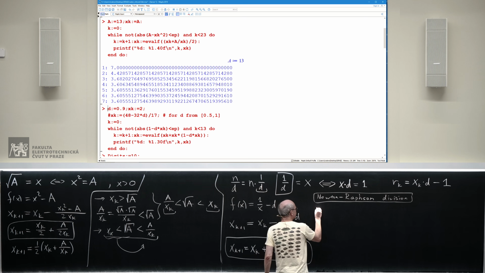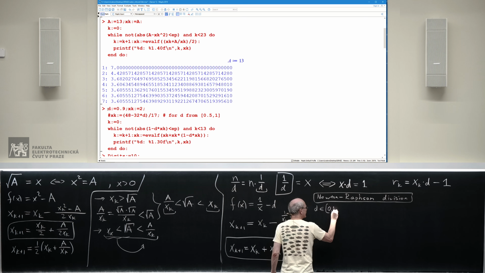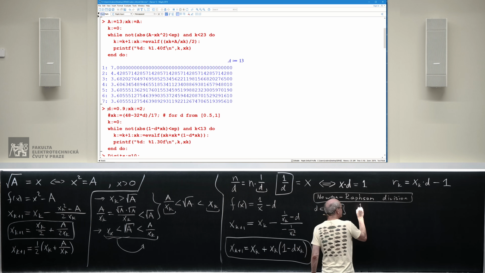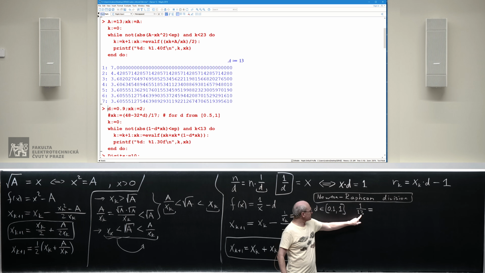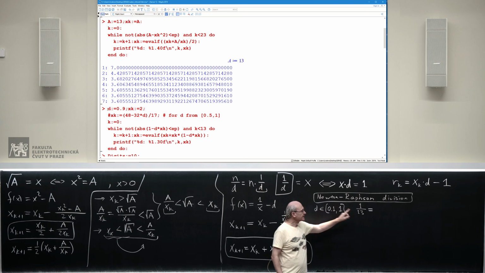In fact, I can restrict my attention to d's from the range 0.1 to 1. How come? Well, I'll show you an example. Let's say that you want to divide 1 by 13. So I'm going to take the decimal dot and shift it 2 places to the left, and then it becomes a number from this range.